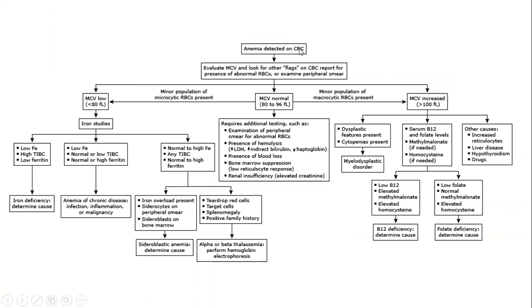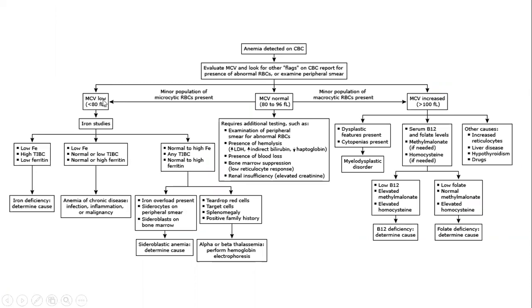CBC means complete blood count. Elevated MCV, and look for other flags on the CBC report for presence of abnormal red blood cells and examine the peripheral smear. First of all, anemia is detected by CBC, then evaluate MCV.